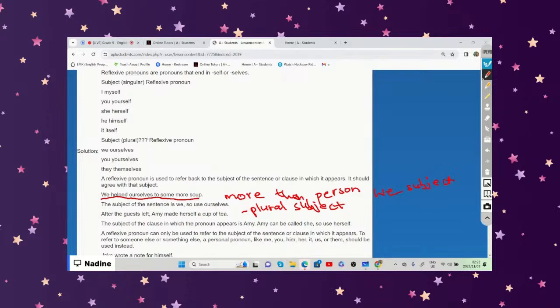We helped ourselves. And like we said, ourselves refers to more than one person, which is plural. Or let's say our subject is plural, and our subject is we. And remember, the subject basically is just the person that is doing the action.